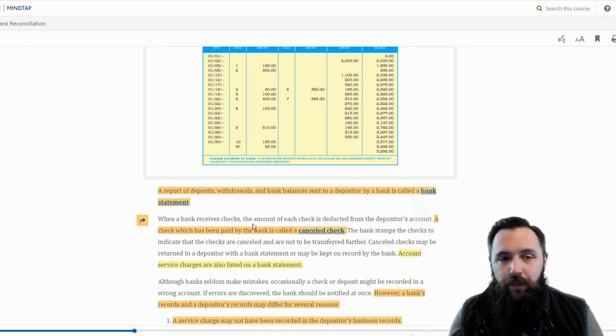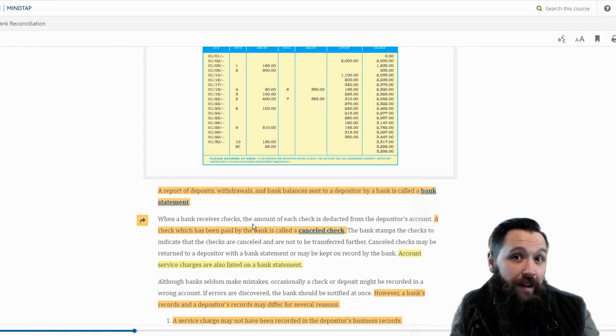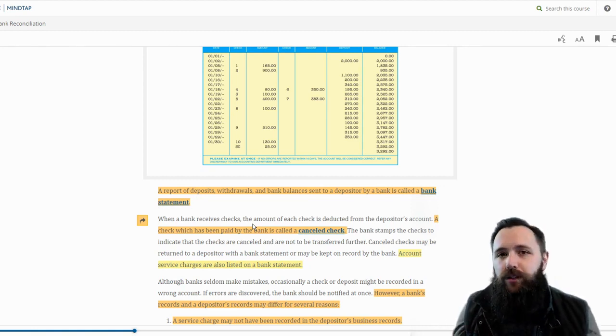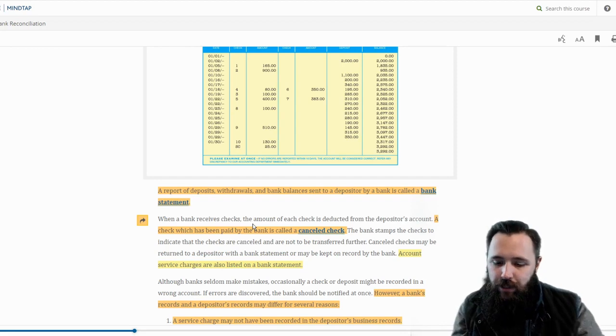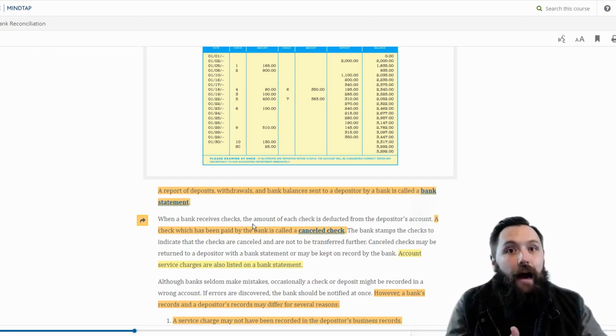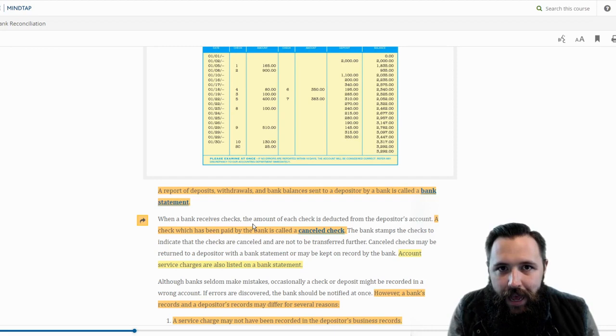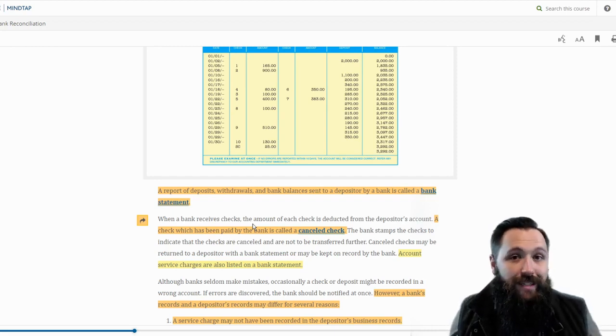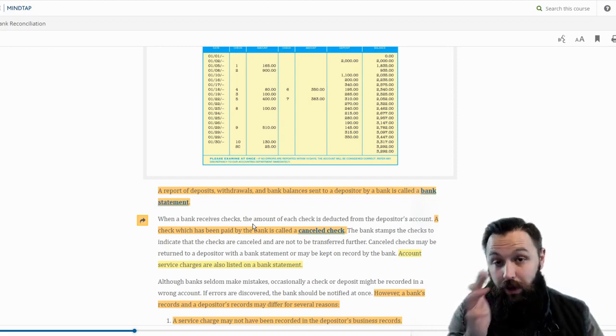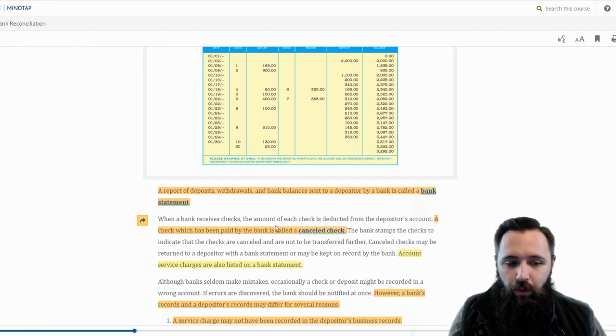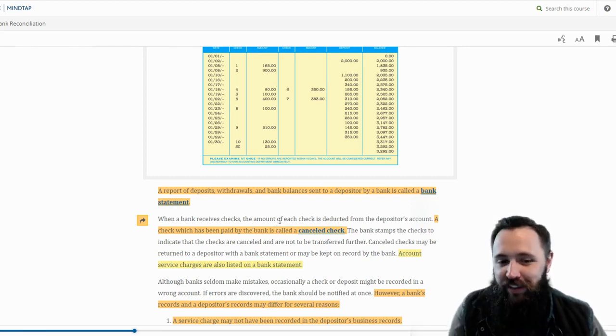They say, okay, Mr. Roberts gave us permission, now we're going to allow this check to be cashed by that individual depositing it in their account. Now that check is considered a canceled check because it cannot pass to any more people. I wrote it, I gave it to you, it's been cashed or deposited, and now it's done. A little bit of a weird word, but that is what it is called.